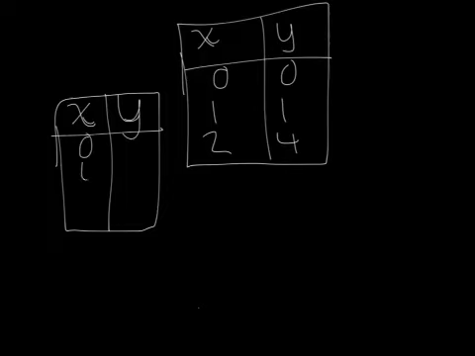So if you have 0 and then 0 again, then because we have two zeros here in our x value, right here and right here, this is not a function. Whereas over here we have each x value corresponding to one y value. So this is a function.